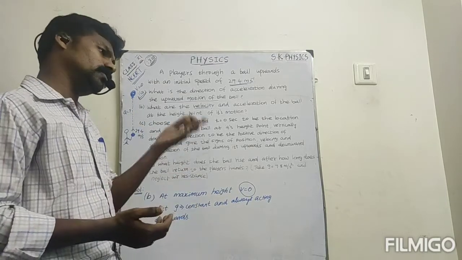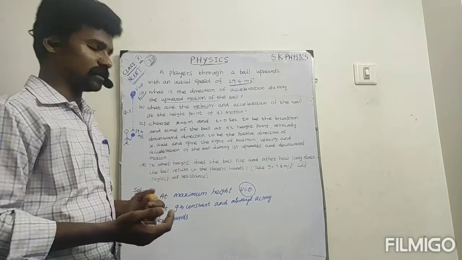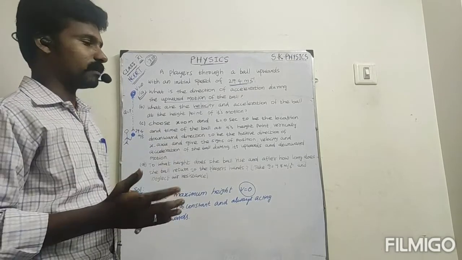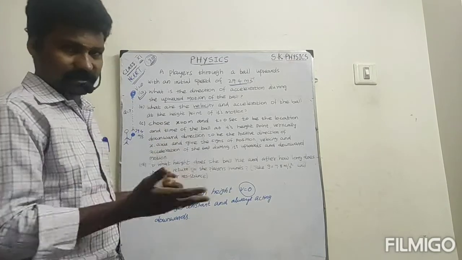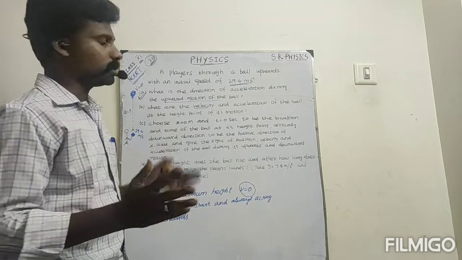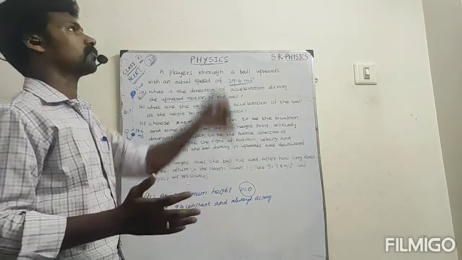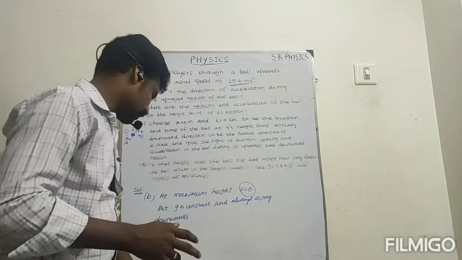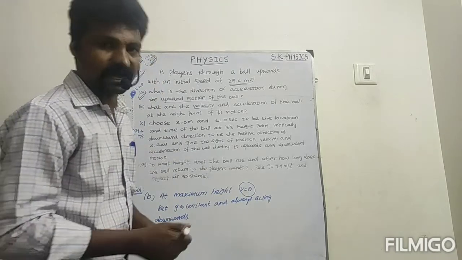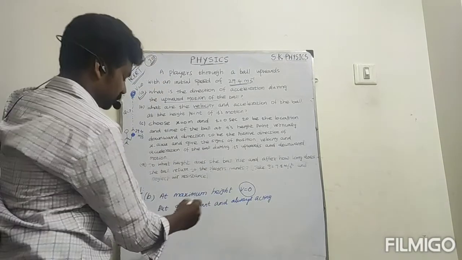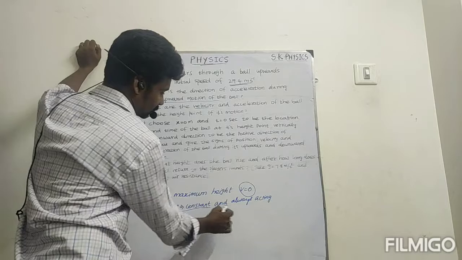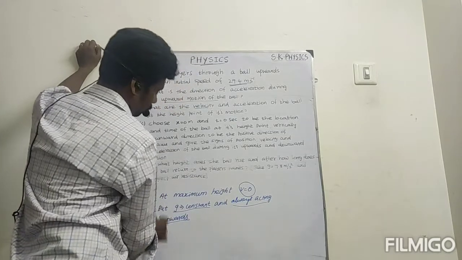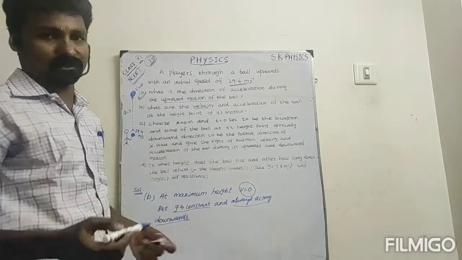If you move to height or to depth, the g value will change, but we are not discussing that level here. In this situation, you just throw the ball, that's all. So the g value is considered constant, that means acceleration is considered constant. So g is constant and always acting vertically downward.